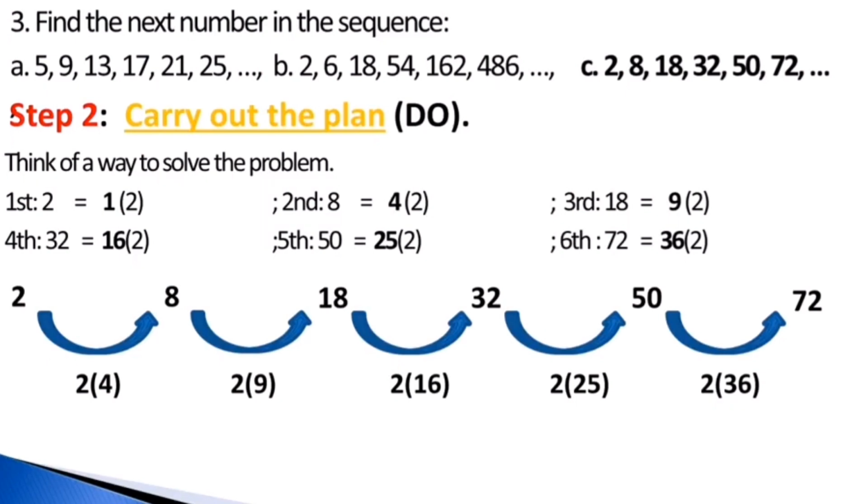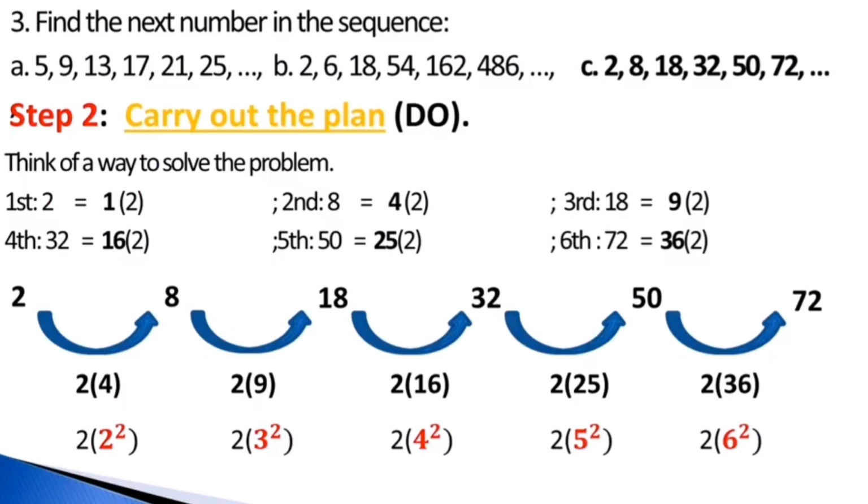However, those numbers are all perfect squares. So in short, we're going to expand it through exponential form. Right now we have 2 times 2 to the power of 2, 2 times 3 to the power of 2, 2 times 4 to the power of 2, and so on.